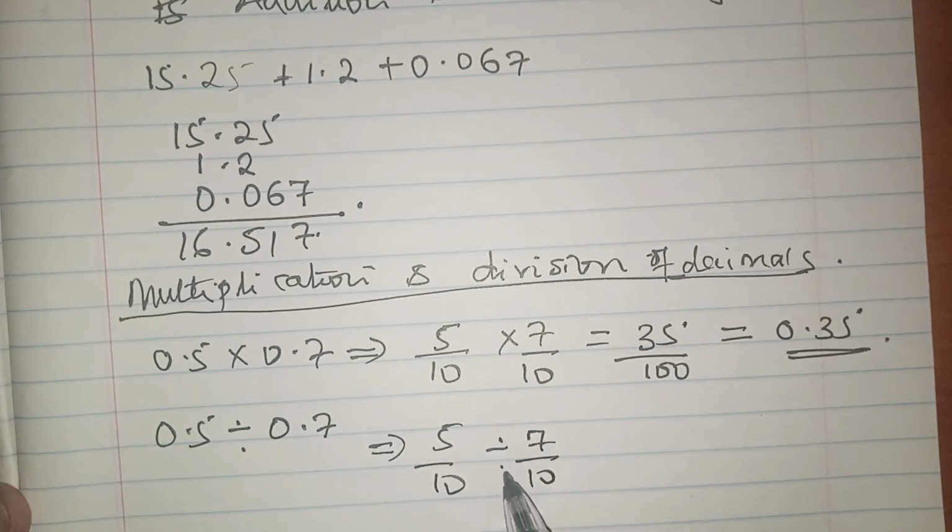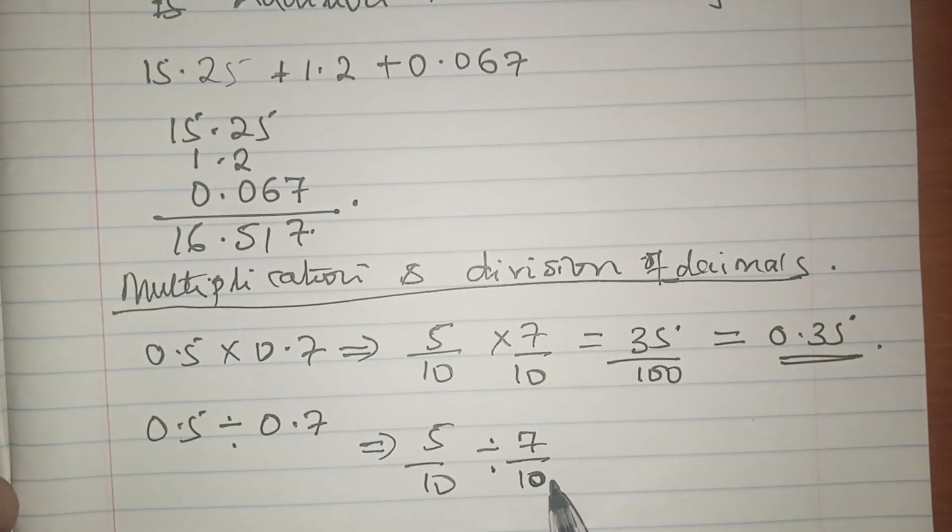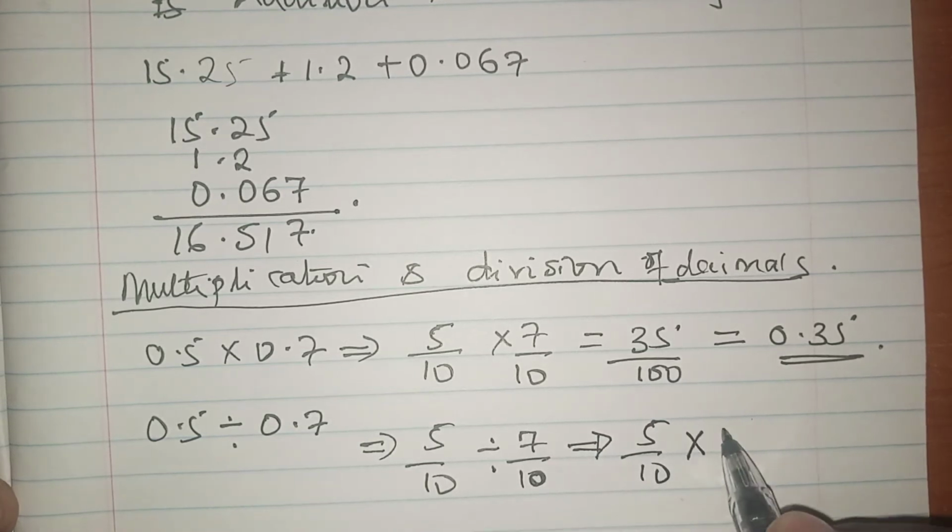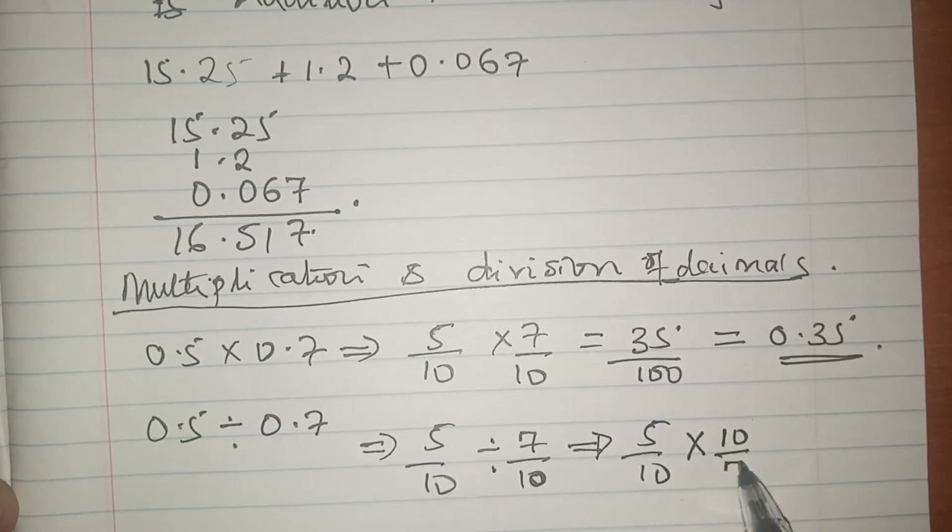But since this is division, when we are dividing by a fraction, that is like multiplication. That is like multiplying by the reciprocal of the divisor. So this takes us to 5 over 10 times 10 out of 7.